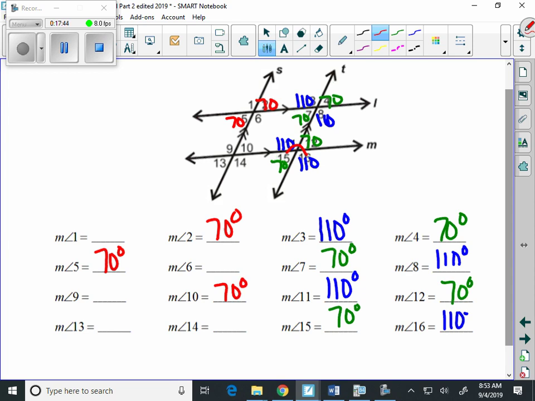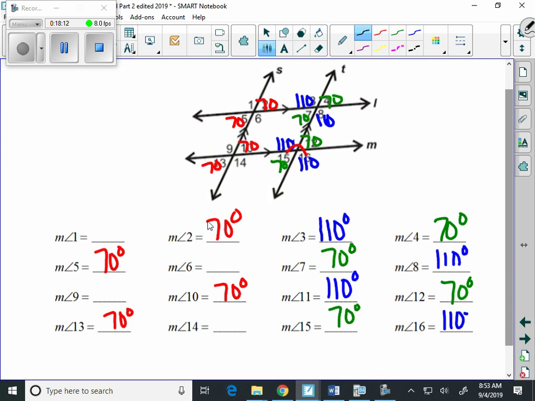And angle 10 is vertical to angle 13, which means that that is 70 degrees. And if I fill those in, we can finish. The good news is, in this particular case, because we're looking at corresponding angles and vertical angles, your answers are either going to be 70 or they're going to be 110.